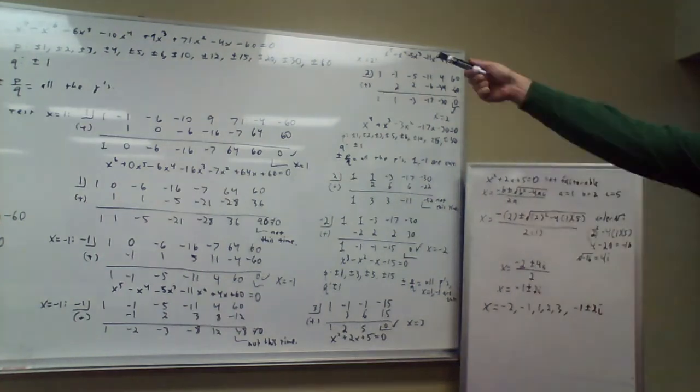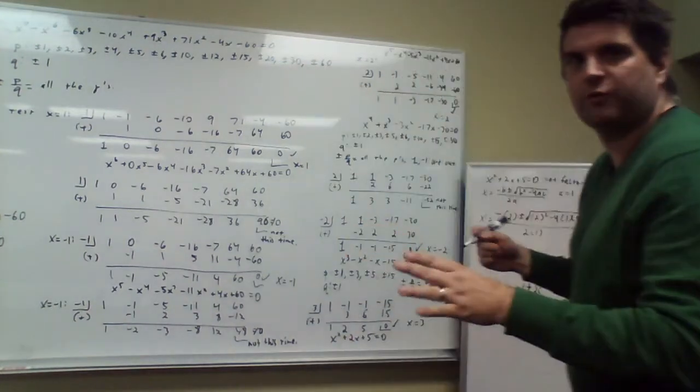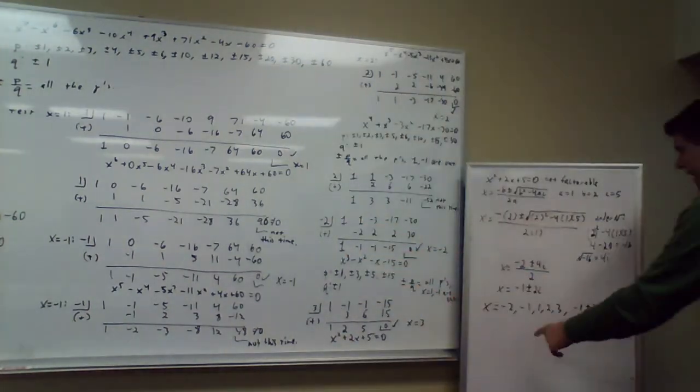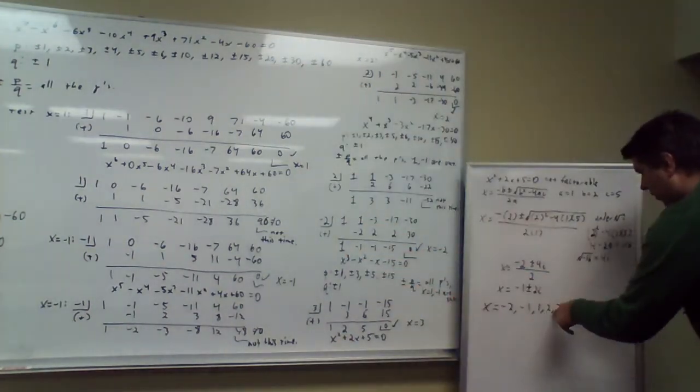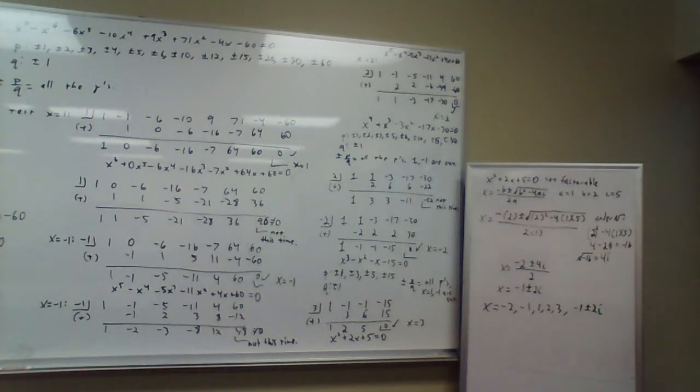It was a 7th degree polynomial up here. We have a potential for 7 different solutions, and that's what we have. 1, 2, 3, 4, 5. And then the plus case is the 6th, the minus case is the 7th.